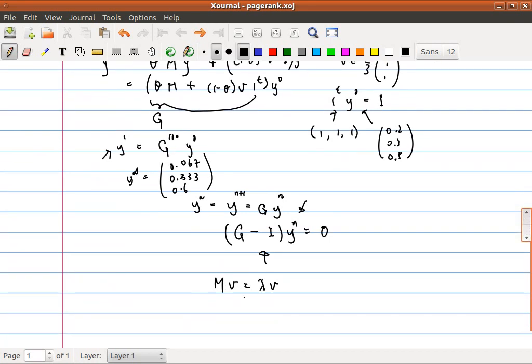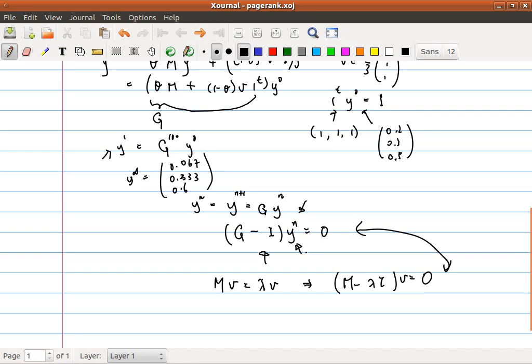That is the eigenvector, and the corresponding lambda is the eigenvalue, so M minus lambda I times v should be equal to 0. Comparing these two equations, we can see that y n is basically the eigenvector of the matrix G with eigenvalue lambda equal to 1.